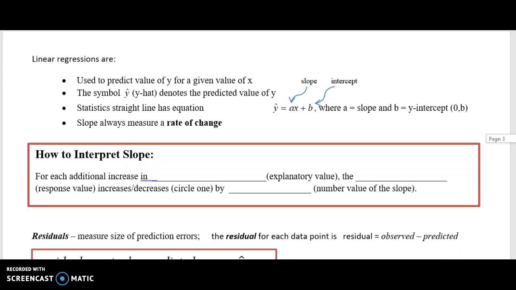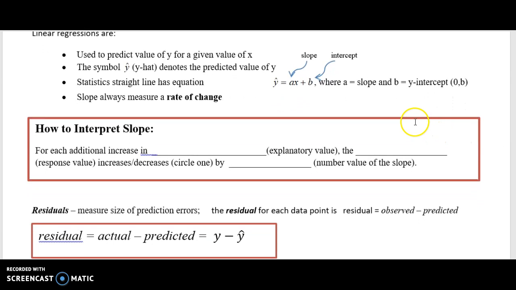Okay, we are going to interpret the slope of a line. This is in the red box. This is really important because you will get quizzed on it. For each additional increase in, and here you're going to fill in the blank with the wording of your explanatory variable.